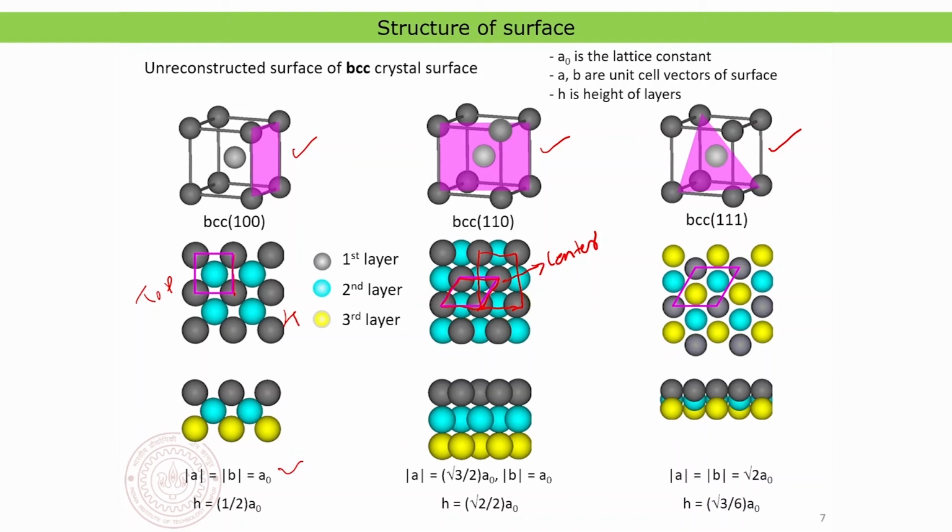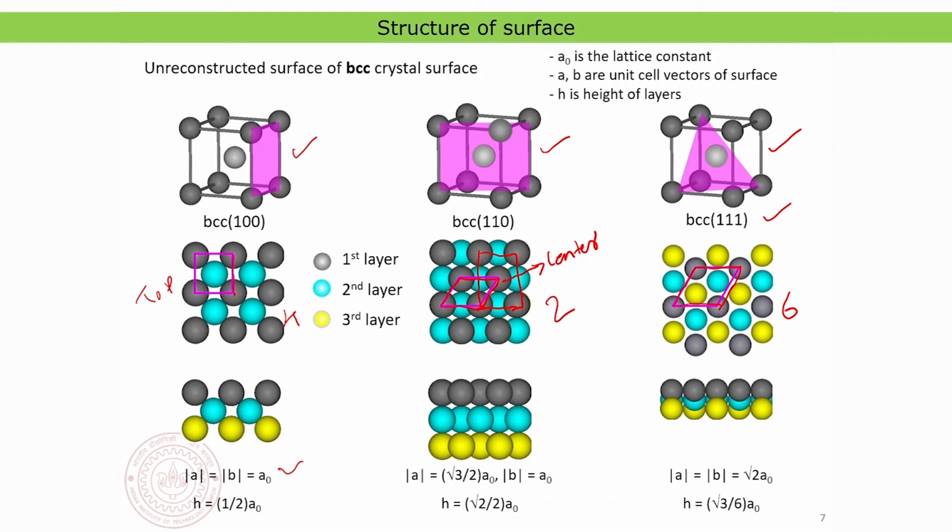Similarly, for the BCC 111 surface, you see it is again the same, and the atoms are arranged in the same way. You have a hexagonal arrangement of the atoms, which leads to the fact that this surface also follows a six-fold symmetry, and this one is a two-fold symmetric surface.